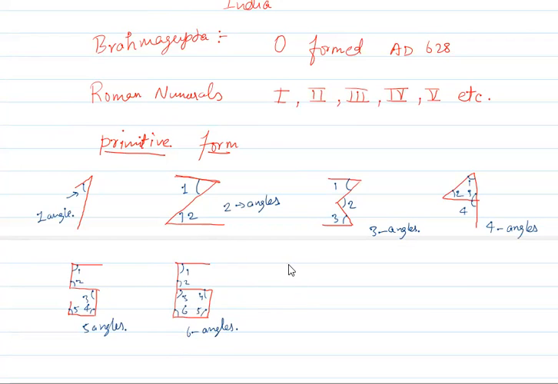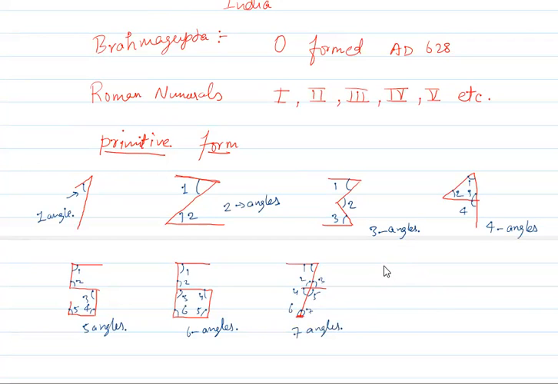Then how does a 7 look? Like this. Put a line over here, then a shorter line over here. Now count the number of angles. This is 1, this is 2, this is 3, 4, 5, and this is 6, and this one is 7. Mind you, this one is a line. So 7 angles. Then how does an 8 look?